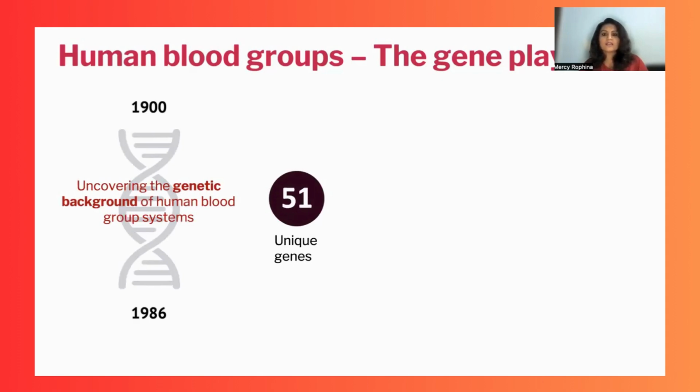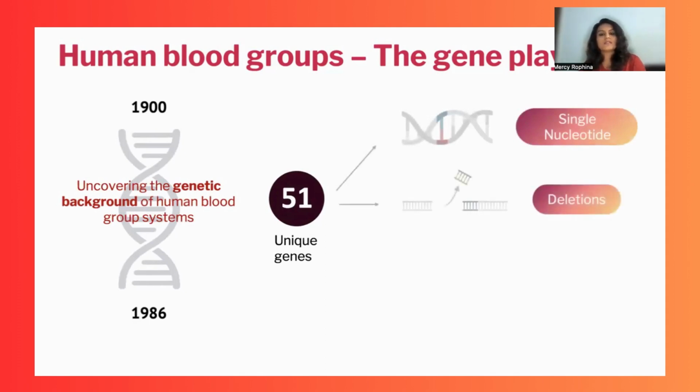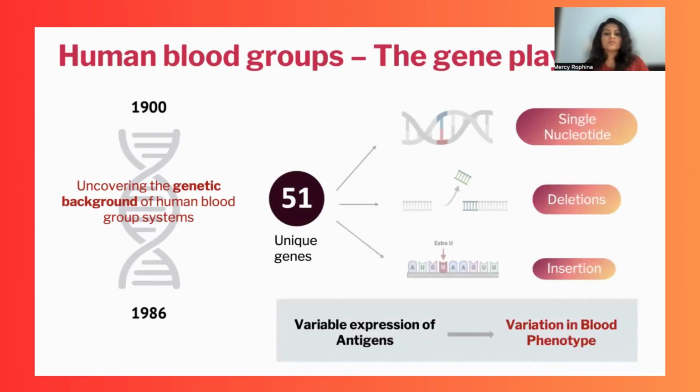These genes can carry a range of genetic variations, which could be categorized as single nucleotide variations, deletions or insertions, and all of this leads to a variable expression of antigens on the surface, which will in turn decide the variation in the blood phenotype of an individual.